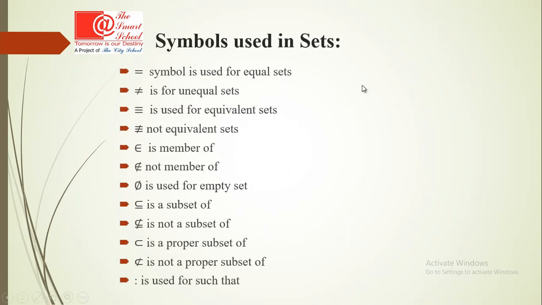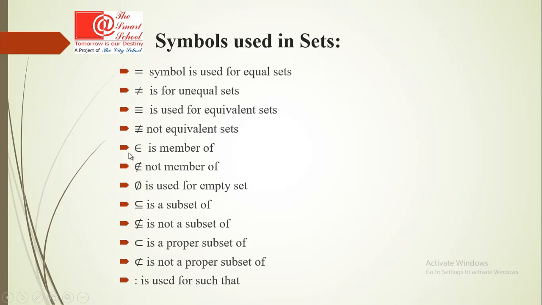Now the symbols which we use in sets, there are so many symbols and all of these are given on page 13 of your textbook. But to make it easier for you, I have written all these over here. Now this symbol is very common. We have been using it for years, and we can use it in sets also, and the symbol is for equal sets, and this is for unequal sets, and this is for equivalent sets, this is for not equivalent sets.